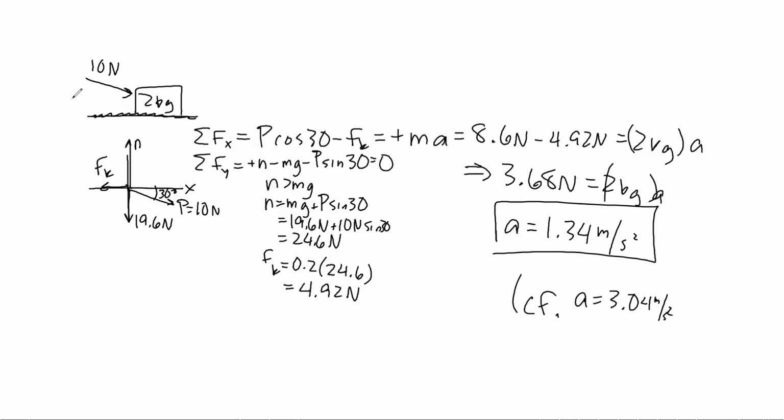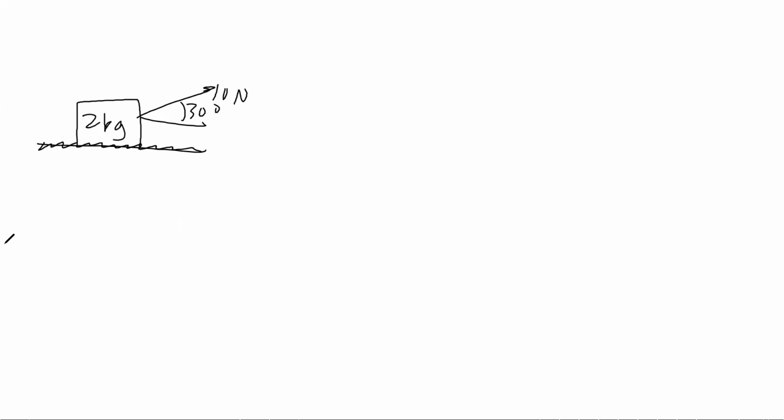But consider what would happen if instead of a push down, it was a push up. How would the acceleration change? I'm not going to go through that in detail, but it would be something worth considering. If instead you push it up, say you're moving and dragging a box upward, the same 10 newton force, maybe a 10 newton pull directed upwards at the 30-degree angle, how's the acceleration going to change now?